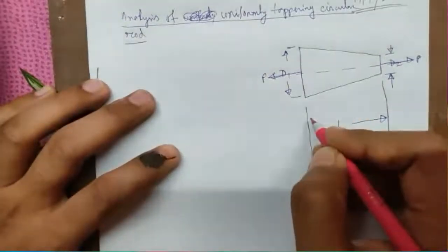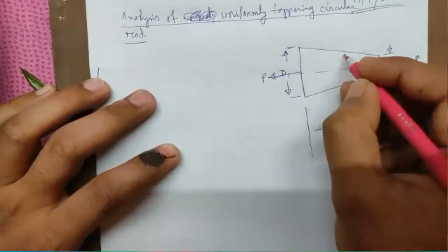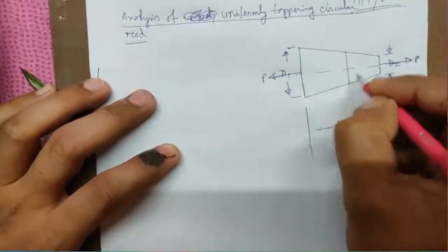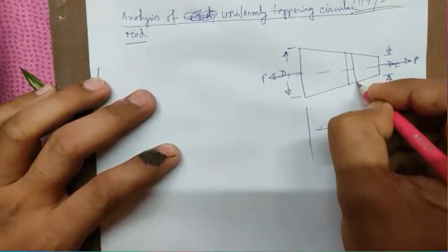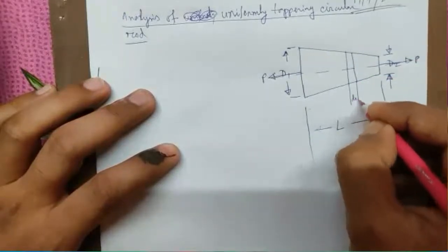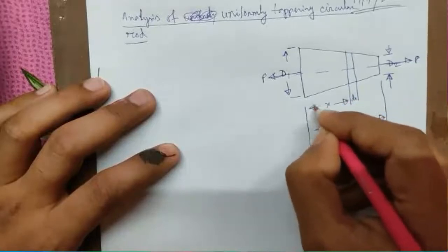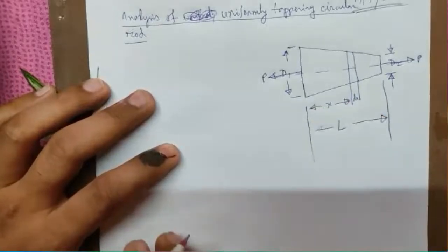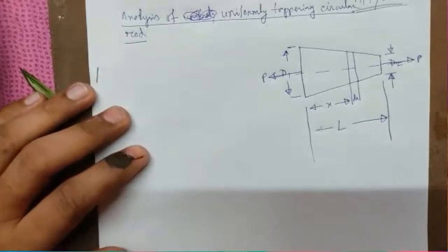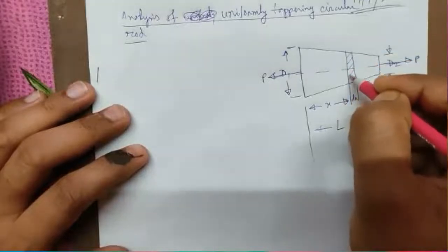From any one end at a distance of x, we will take a cross section of thickness dx. Okay, this thickness will be dx. This is taken at a distance of x from the first end or from the bigger end.